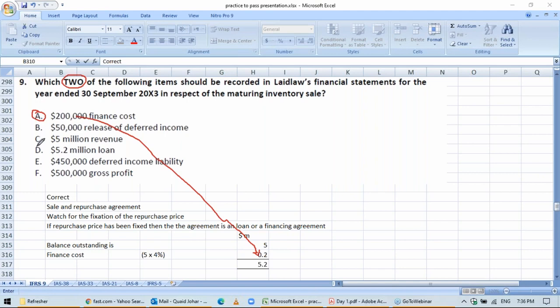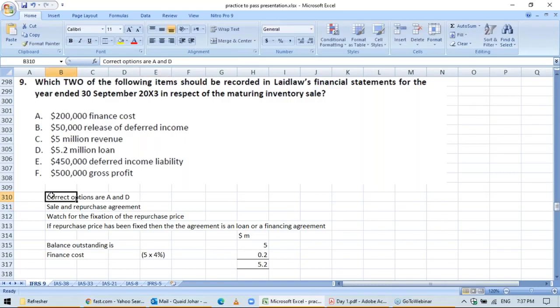And then the loan balance, which is required on 30th September 2003 at the end of the reporting period, right? So 5.2 million. So this matches. So the correct options are A and D. That's the correct answer.